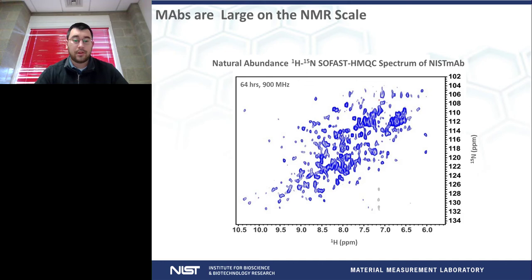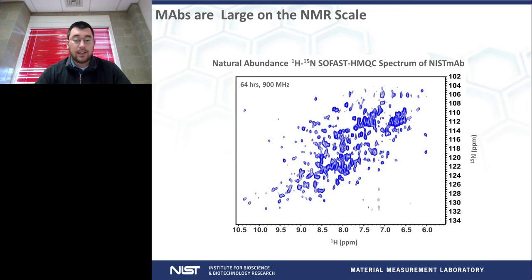So protons, for example, exist at nearly 100% natural abundance, which allows us to take full advantage of all of the hydrogen atoms, or at least the overwhelming majority of hydrogen atoms in our sample.